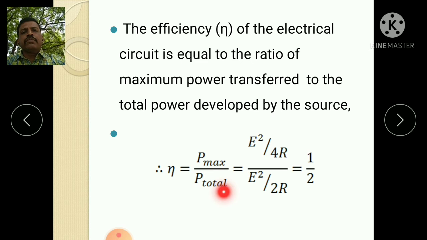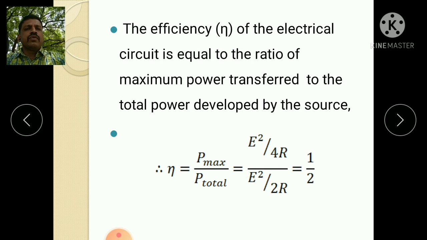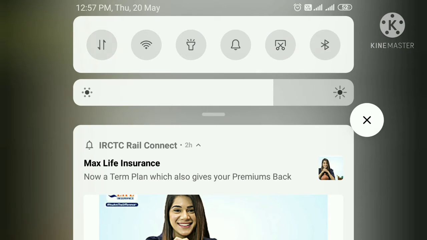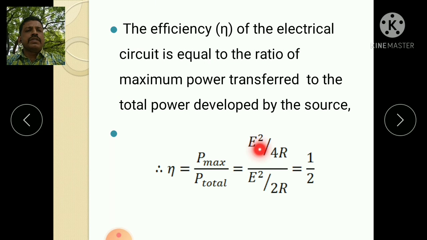The efficiency of the electrical circuit is nothing but the ratio of maximum power upon total power. Maximum power is E square upon 4R, and total power is E square upon 2R, so E square cancels.